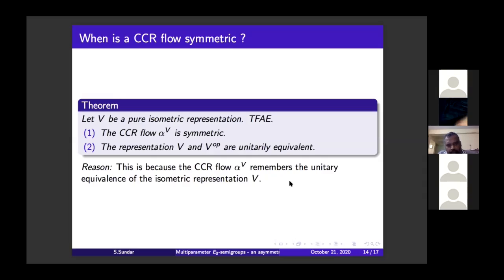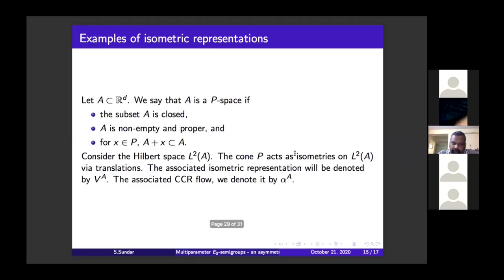Now, to exhibit an asymmetric CCR flow, all I have to exhibit is an isometric representation V which is not unitarily equivalent to V opposite. So here is a class of examples. You look at a subset A of R^P. I call that a P space if that set is closed, non-empty, and proper.